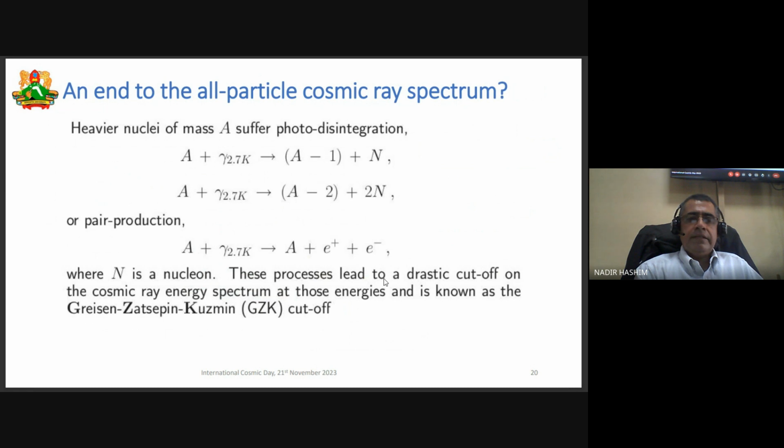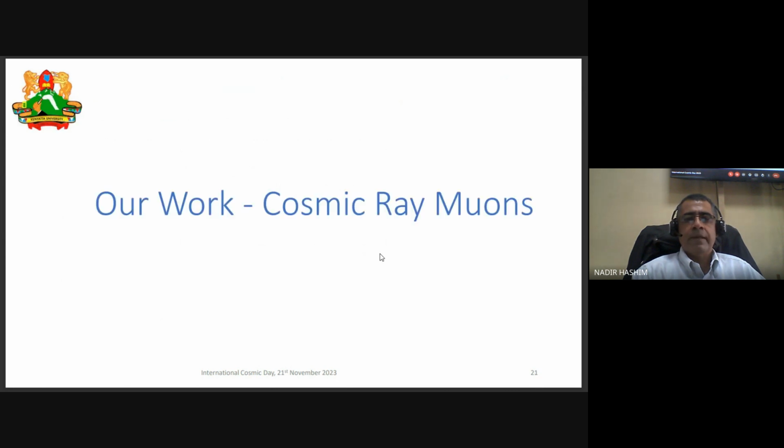Heavier nuclei can suffer photodisintegration. This is the equation: a heavier nucleus interacting with cosmic microwave background radiation photons to disintegrate into lighter ones, or also pair production. These processes lead to a drastic cutoff on the cosmic ray energy spectrum at those energies, and this is known as the GZK cutoff, named after Greisen, Zatsepin, and Kuzmin, the scientists who formulated this.